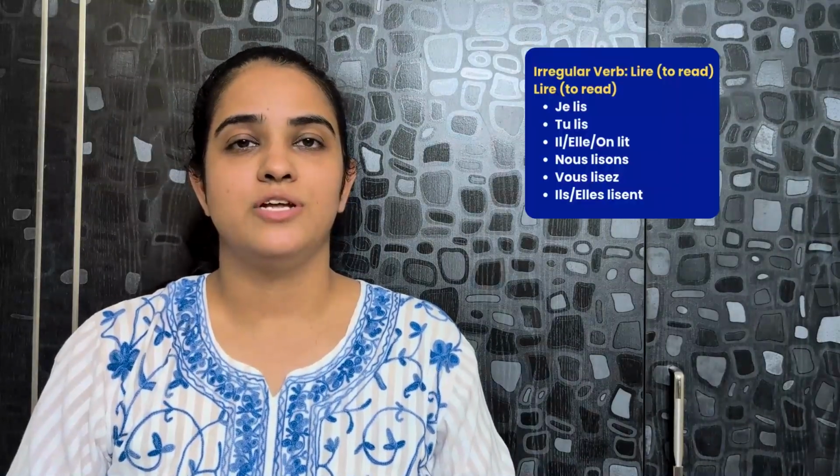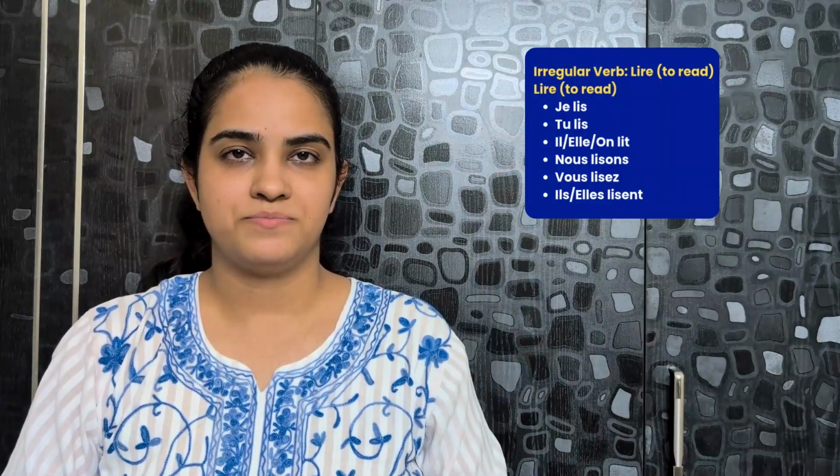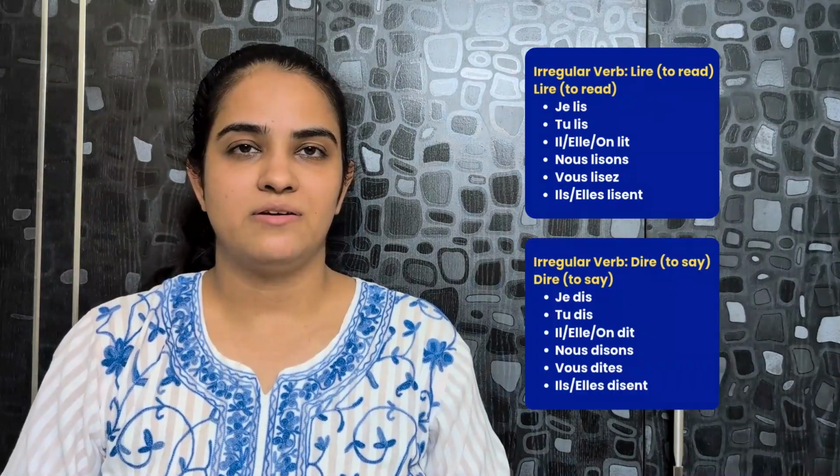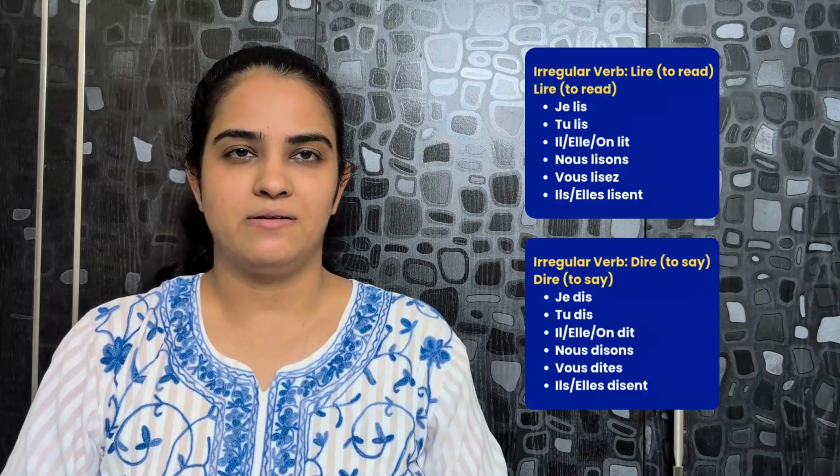They have their own conjugation, so you can take a look at them and you'll have to memorize them. They go like je lis, tu lis, il, elle, on lit, nous lisons, vous lisez, ils, elles lisent. For dire, it is a similarish pattern.